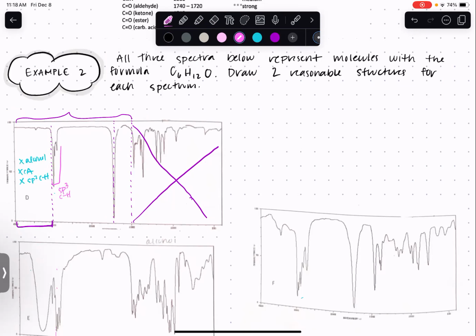And that's not always going to be super helpful just because almost every single molecule will have that. But it's good to know that it is the sp3 carbon hydrogen so you don't think it's something else. And then the other thing that we have here is a carbonyl stretch. So this molecule, really all I know about it is that it has a carbonyl in it and it has sp3 carbon hydrogens.